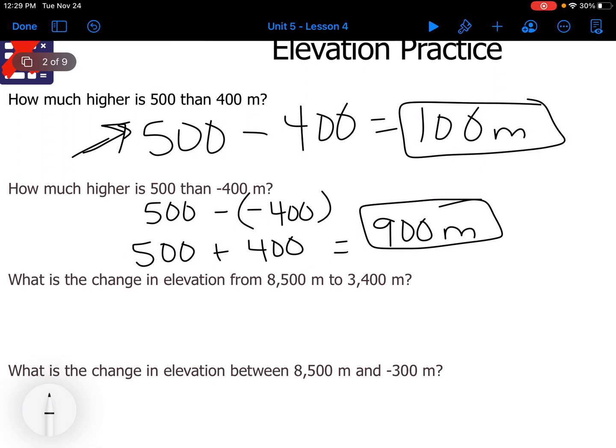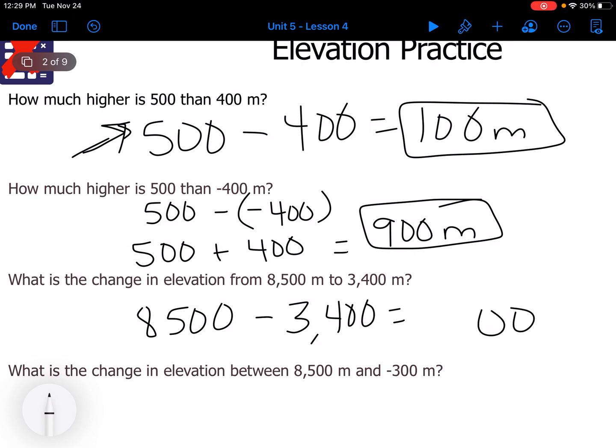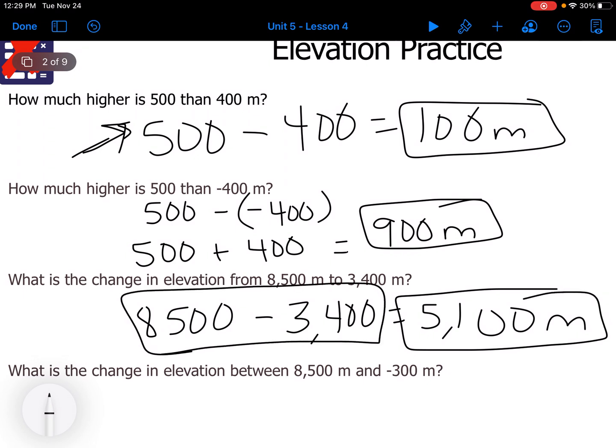What is the change in elevation from 8,500 to 3,400? I'm not adding the opposite here because it's not going to help me solve the problem. 5,100 meters. I've been subtracting numbers like this since you were in elementary school.